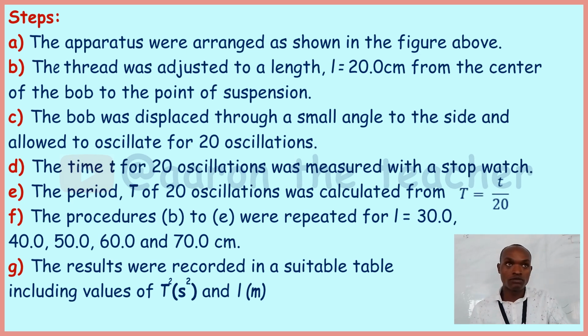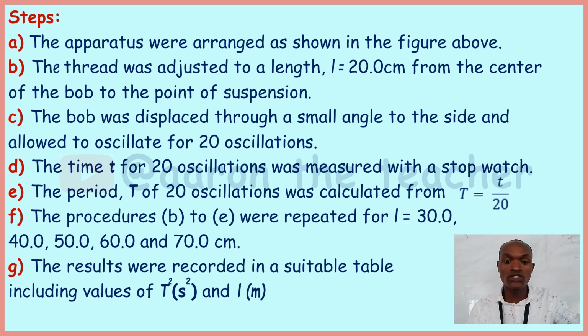Step number 1: you first set up the apparatus, or if I may read through as you follow, the apparatus was arranged as shown in the figure above. The thread was adjusted to a length beginning with L equals 20 centimeters from the center of the bob to the point of suspension.